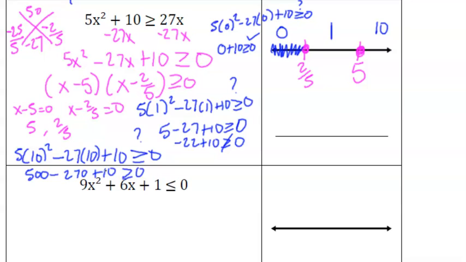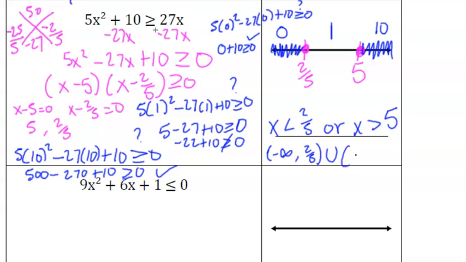If you add something to a positive number, it's still going to be positive, so that works. Let's shade that in. So here's your answer. You're going to have x is less than 2/5 or x is greater than 5. If we wrote that in interval notation, we'd have negative infinity, comma, 2/5 union 5, comma, infinity.